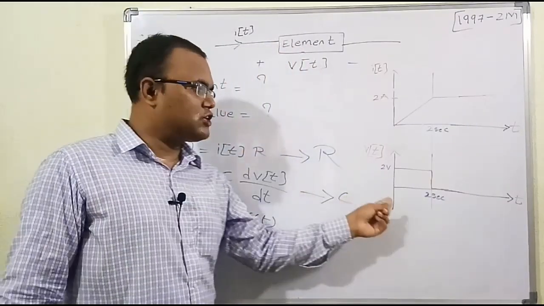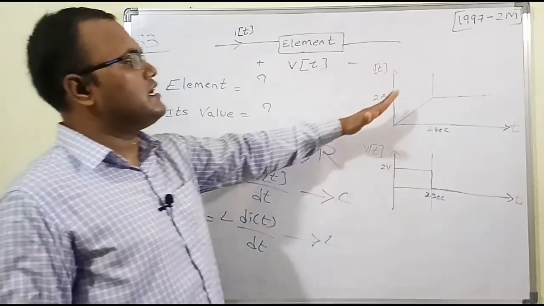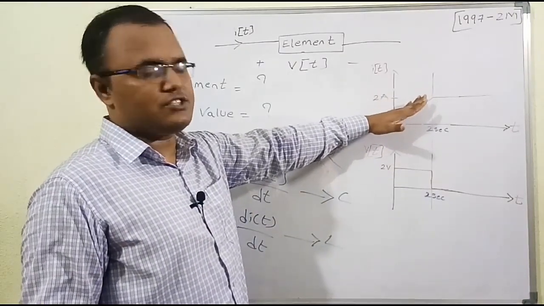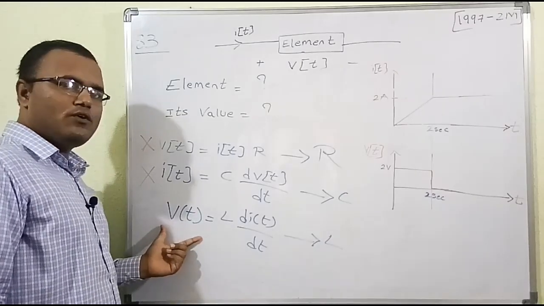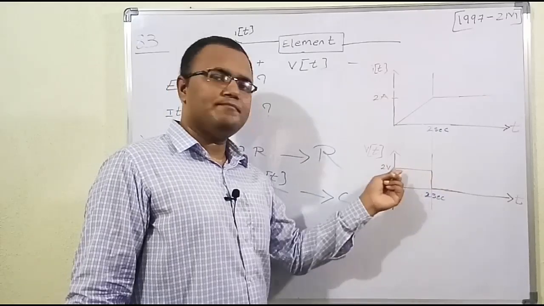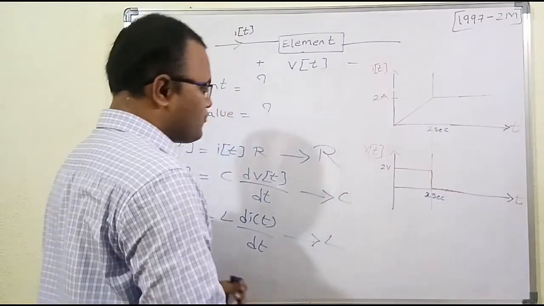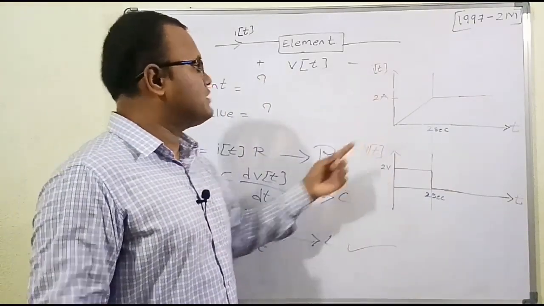From 0 to 2 seconds di/dt is a constant because it is a straight line, and the slope of a straight line is constant. Constant times L is again a constant, so from 0 to 2 seconds there is a constant magnitude line. The equation is satisfied, therefore the element is an inductor.